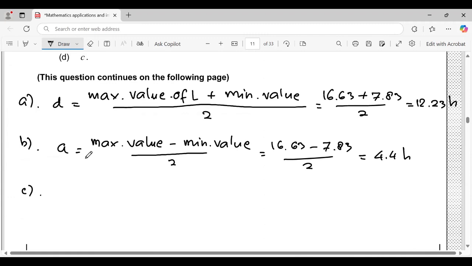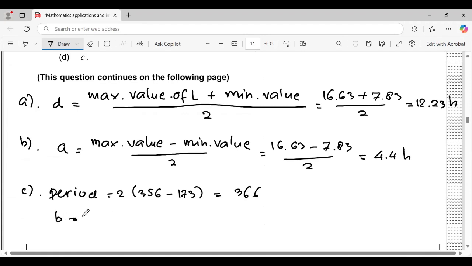B. The period of this graph is 2 times (356 minus 173), the maximum minus the minimum, equal 366.